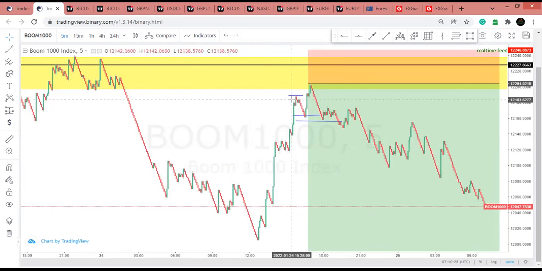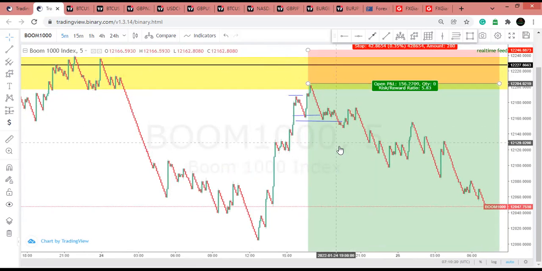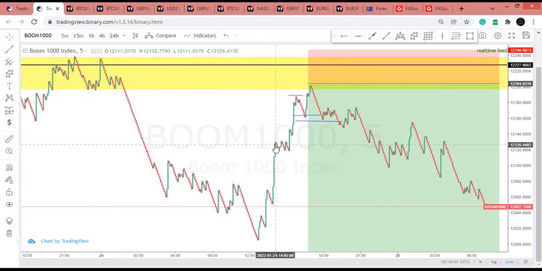This is simply the transfer of weak hands into strong hands. If you are familiar with Wyckoff, you understand the play here. This is not a video where I'm going to be explaining Wyckoff, but that's what I've been using for a while now for my entry model. Whenever I tell you guys on the channel that I'm waiting for my entry model to play out, that is what I'm actually looking for.